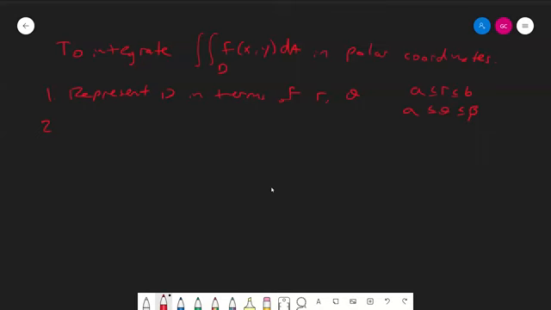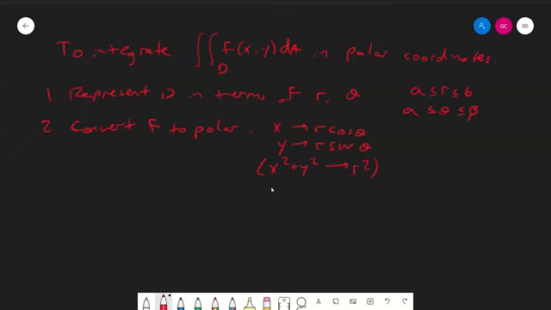Then we have to convert the function itself to polar coordinates. So convert f to polar. And you do that by just changing every x to r cosine theta and every y to r sine theta. Although you should be careful, because if you have an x squared plus y squared, you can do this transformation and that's not wrong, but if you simplify it, eventually you just get r squared.